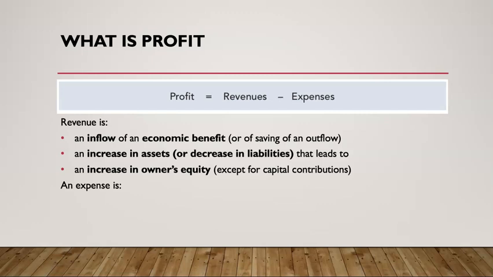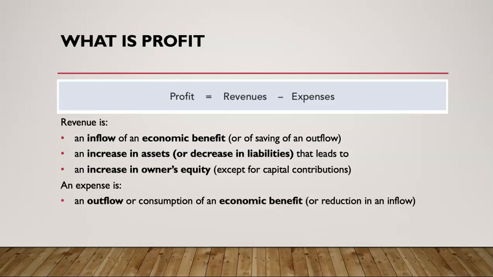Expenses also have 3 things that need to be ticked off, and they're essentially the opposite of the 3 tests for revenue. It must result in an outflow or a consumption of economic benefit. So something must leave our business or be consumed that is an economic benefit.